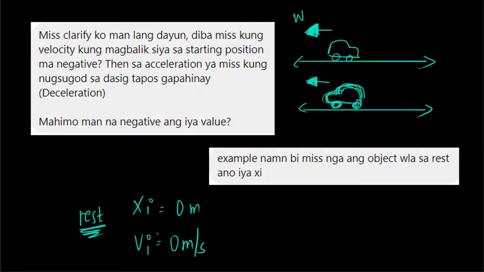If you don't see from rest or at rest, you can also see the word starting position. Bantayan nyo ang mga terms. Immediately, xi nyo and vi nyo, zero na siya.